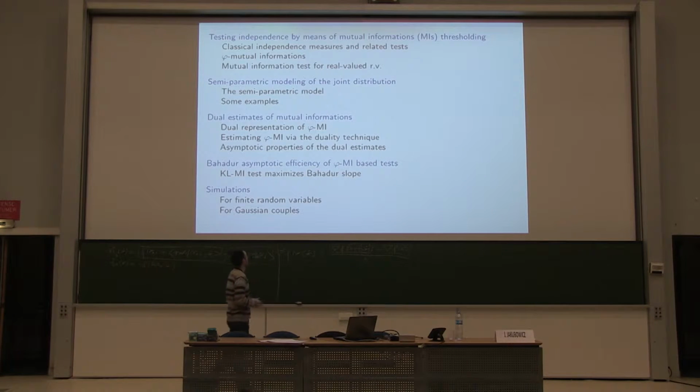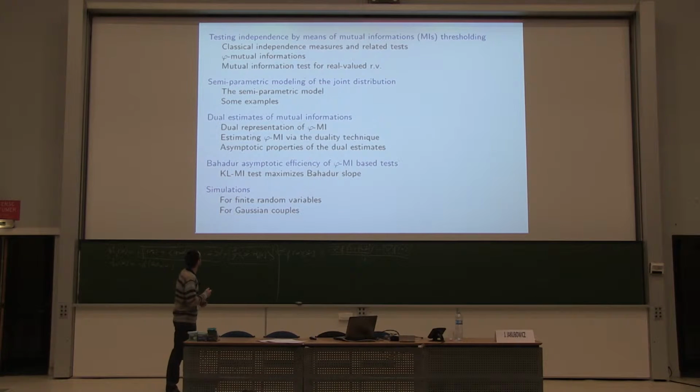So here are the outlines of my talk. I will start with a short introduction on independence testing and try to motivate the use of mutual informations in this context. I will then present the semi-parametric model under study. I will present the estimation strategy based on this semi-parametric modeling and the dual representation of phi mutual information.